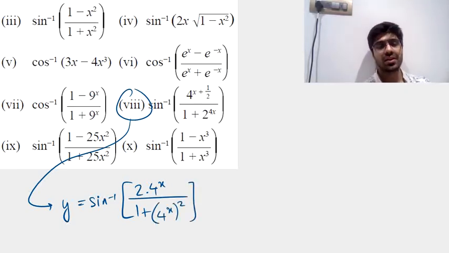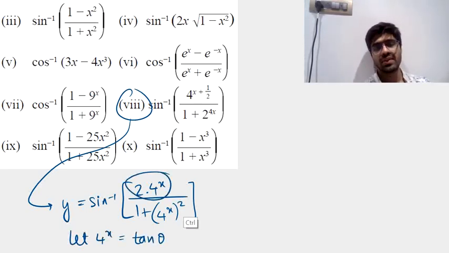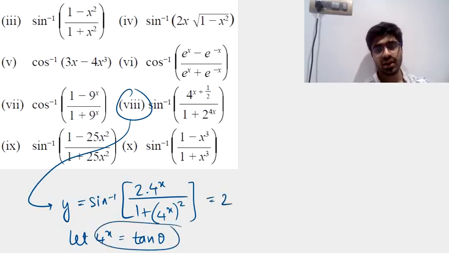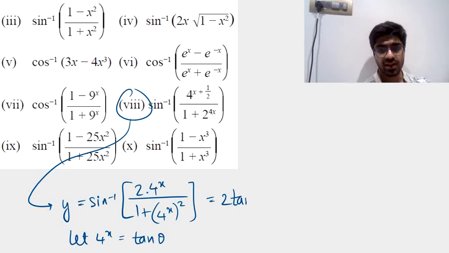And after writing it in this way, we can now take 4 power x as tan theta. So now we have 2 tan theta upon 1 plus tan square theta, and that is the formula for sine 2 theta. Sine inverse of sine 2 theta makes it 2 theta. So we have 2 theta, and theta will again be tan inverse of 4 power x.